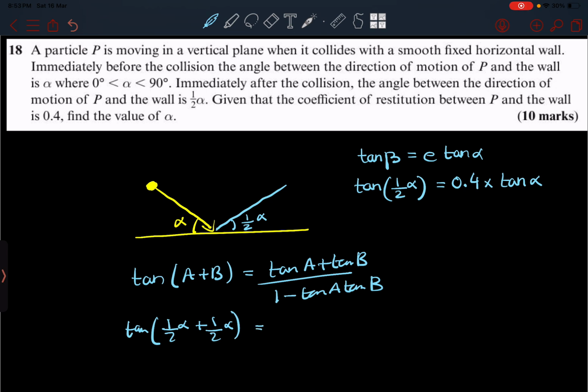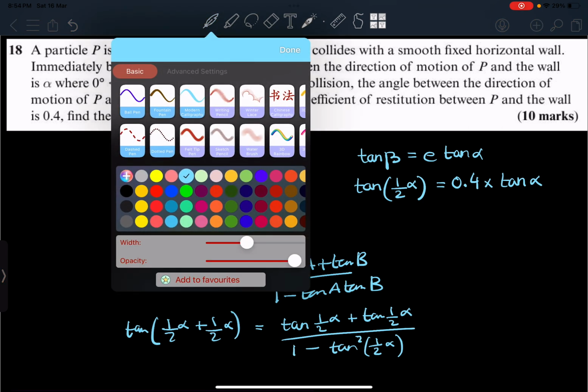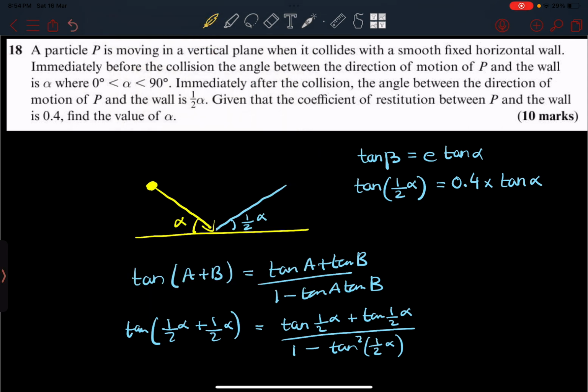So I can use tan half alpha plus tan half alpha over 1 minus tan half alpha times tan half alpha. That becomes tan squared half alpha. And now by using this, I have sorted out an equation which is completely in terms of tan half alpha.